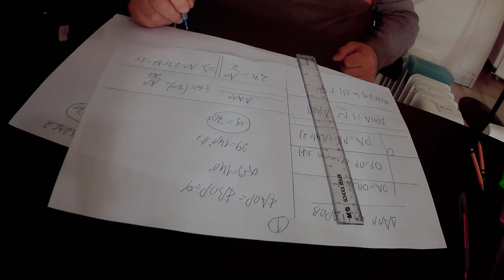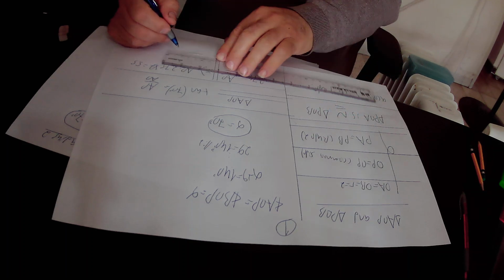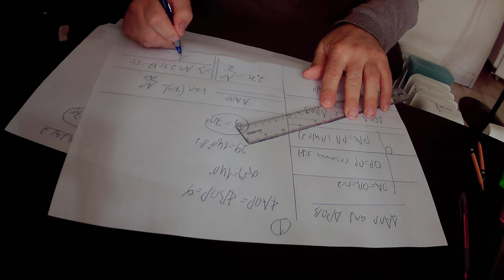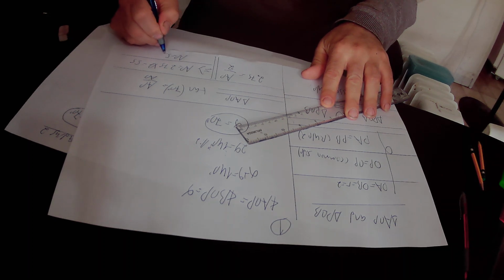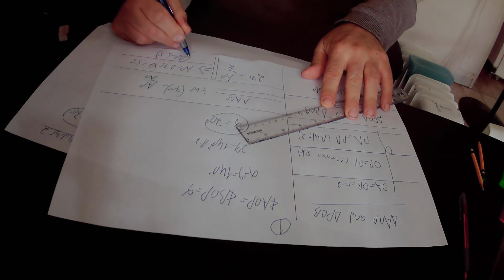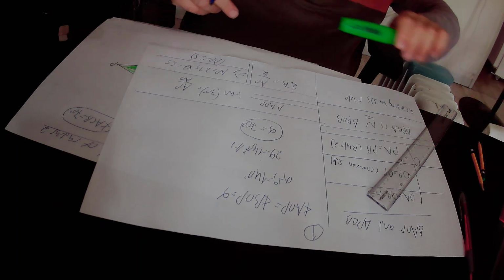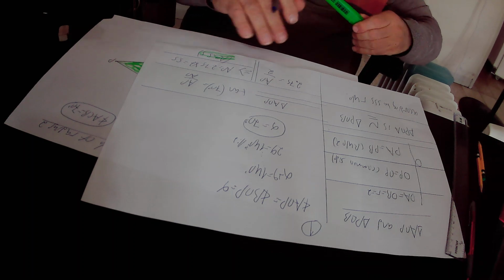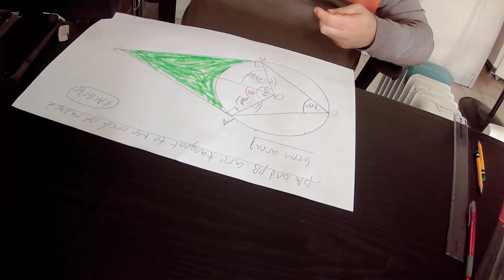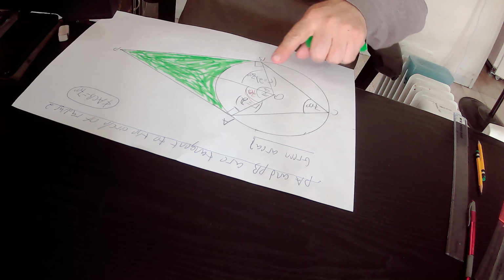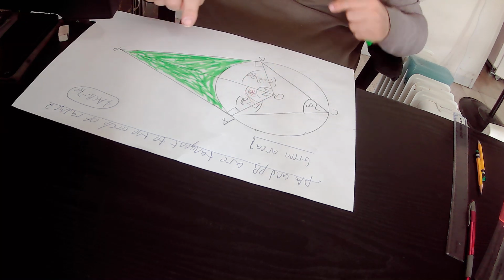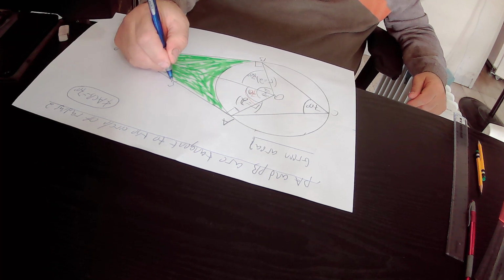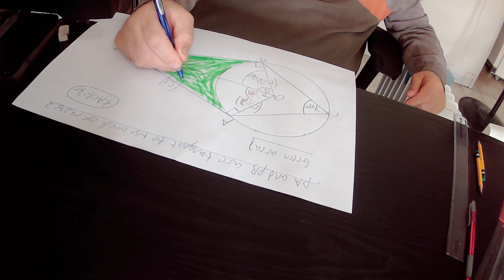So in conclusion, we found out that AP equals 5.5 units in its length. So this side AP of the right triangle AOP is equal to 5.5 units in its length.